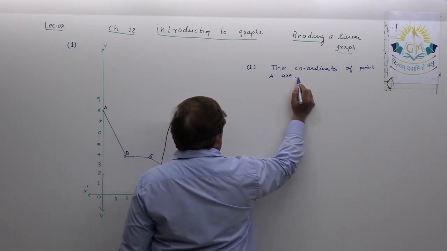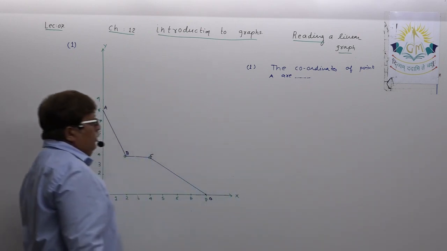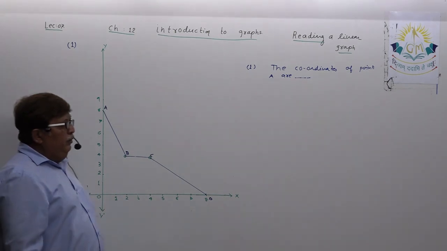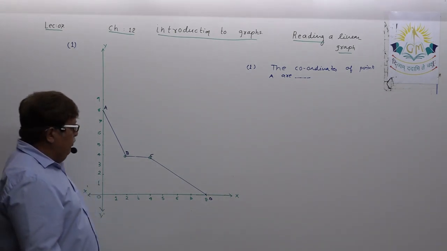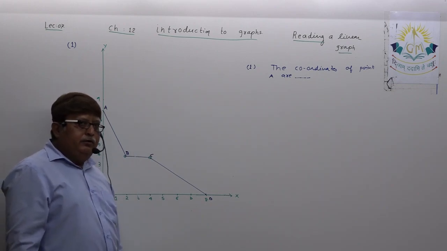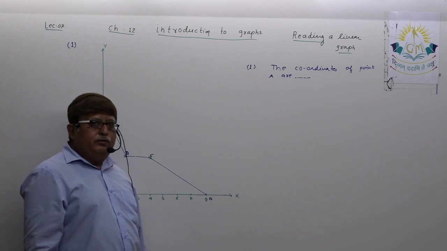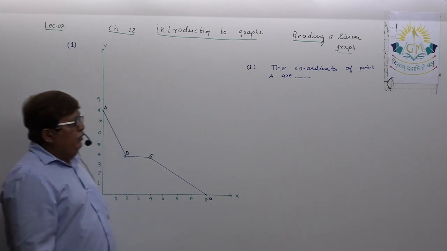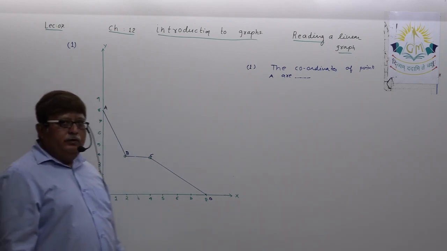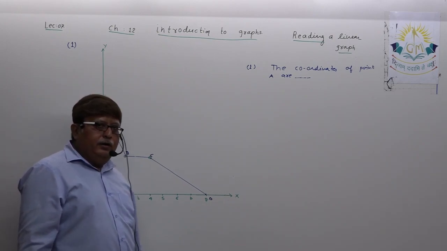This is the first blank. Okay. Yes, in our previous lecture, we have done a little bit of this type. Here, dear student, the first question for all of you: the coordinates of point A are dash.